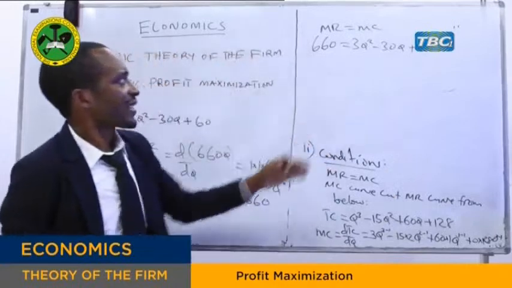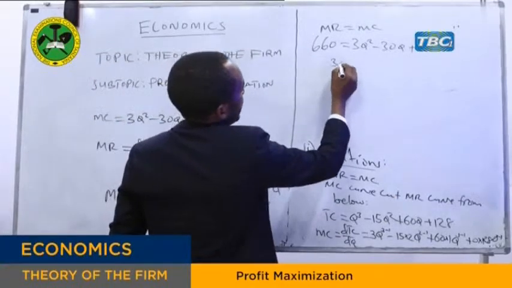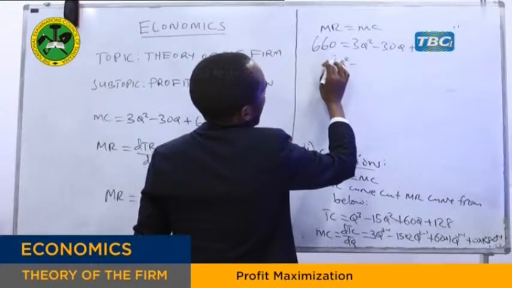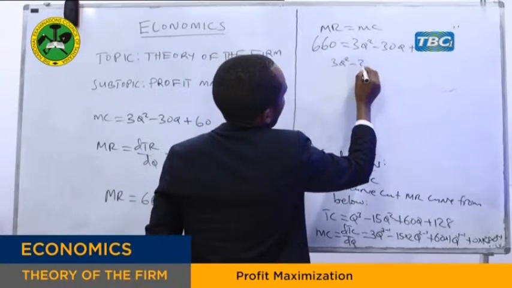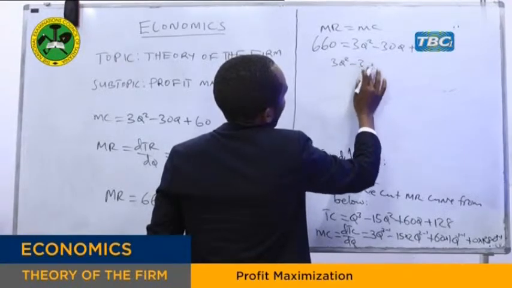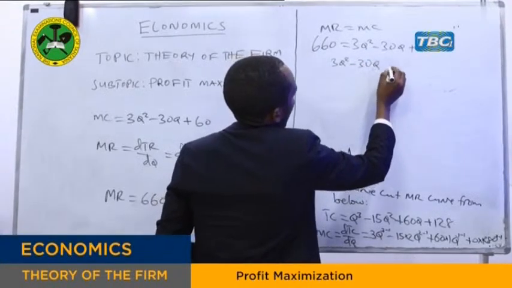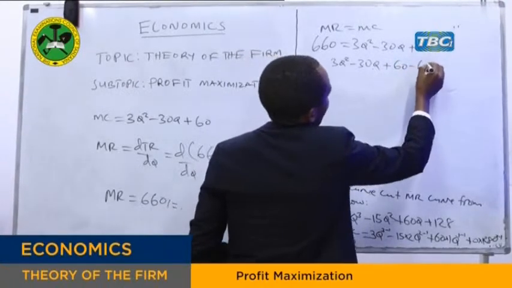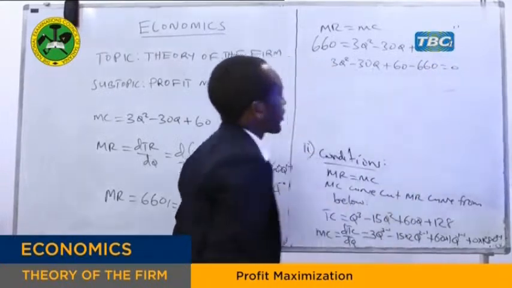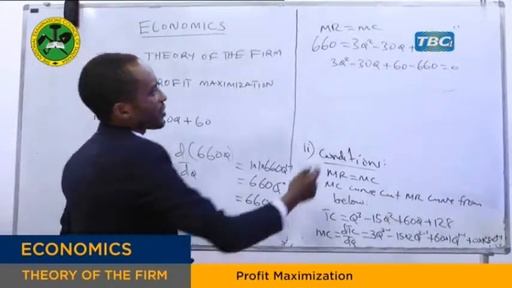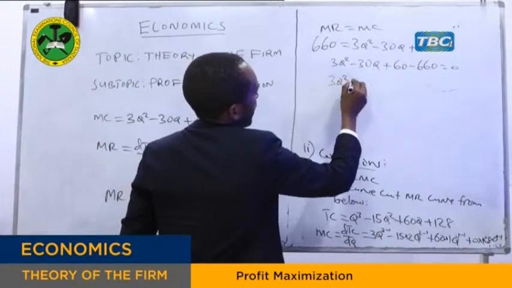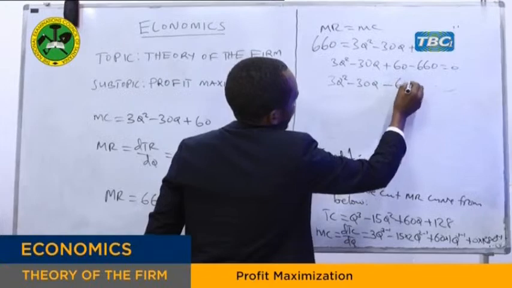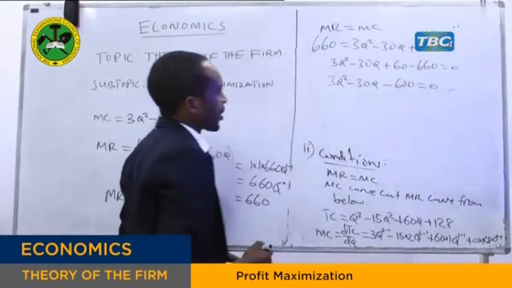When you collect the like terms, 3Q squared minus 30Q plus 60 minus 660 is equal to 0. When you simplify, it will be 3Q squared minus 30Q minus 600 equals 0.